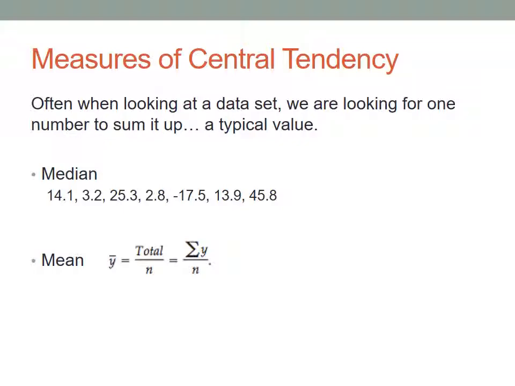So we can think of measures of central tendency as being like looking at your typical value. If you were to look at your distribution, what value do you think most typifies what is happening? Think in terms of your GPA.